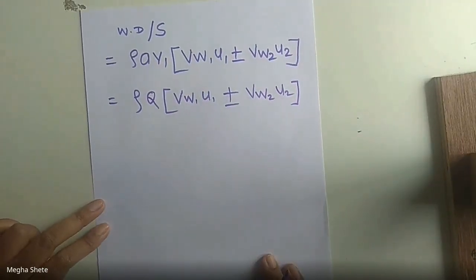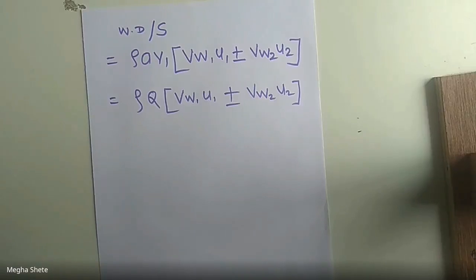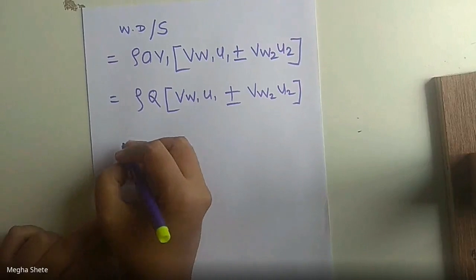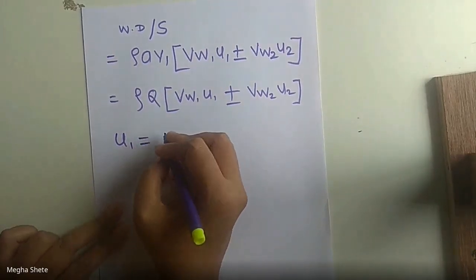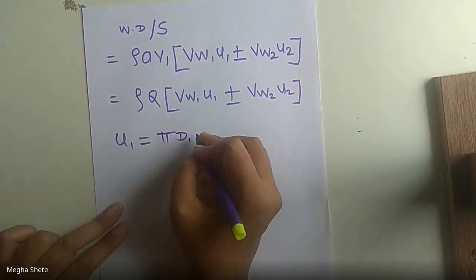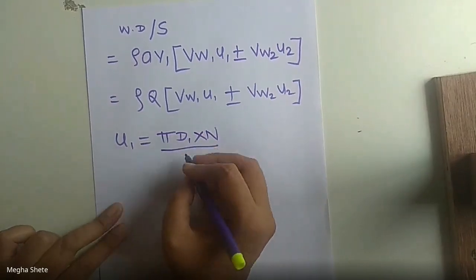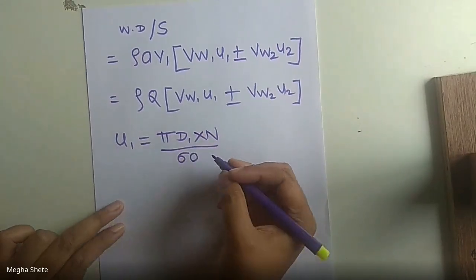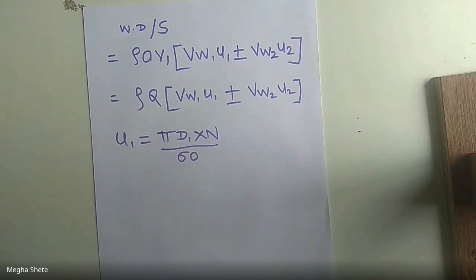where VW1 is the velocity of whirl at inlet, VW2 is the velocity of whirl at outlet, U1 is the tangential velocity of the wheel at inlet, and the formula for U1 is pi d1 into n divided by 60, where d1 is the outer diameter of the runner.